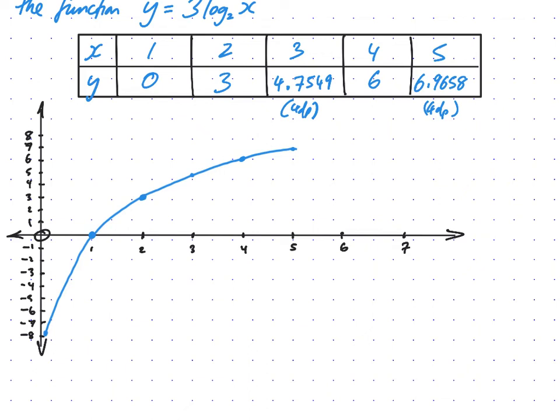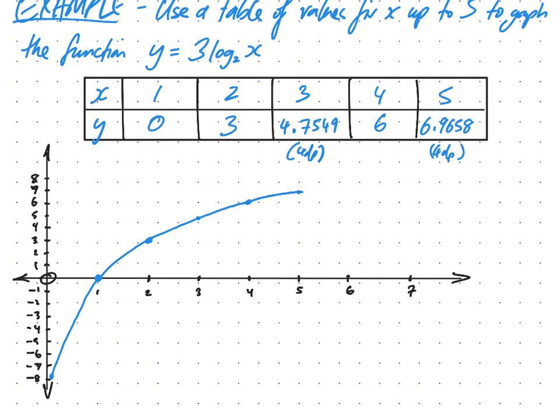So there's your logarithmic function drawn using a table of values and knowing or being aware of some of the features of logarithmic functions, basically, of both logarithmic functions with a base greater than 1 and also between 0 and 1.